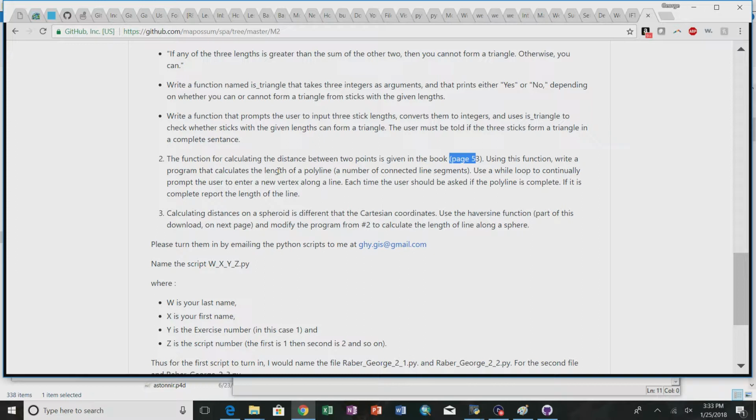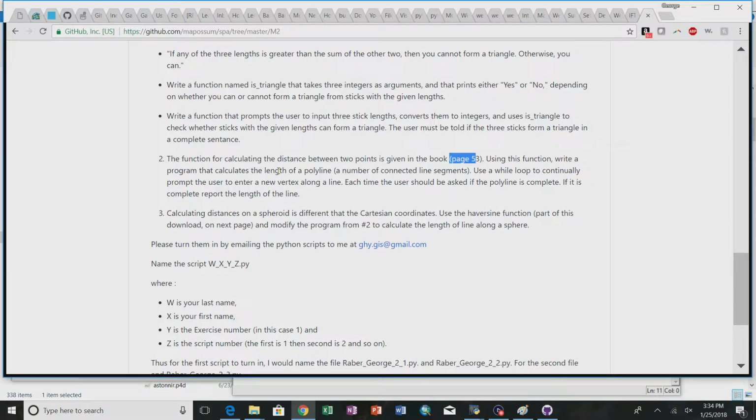I think it's better every time through the loop to calculate the distance and just keep a running total of the distance. So when they provide the first point, the running total is 0. When they provide the second point, we calculate the difference between the first point and the second point, and we add that to the running total. And then we calculate the difference from the next point we get.